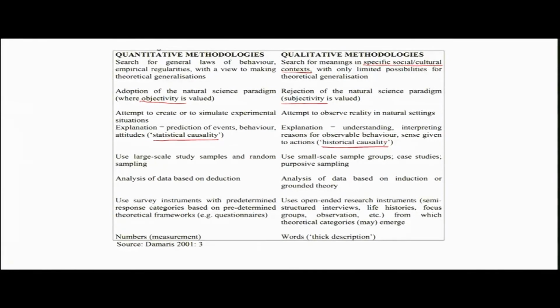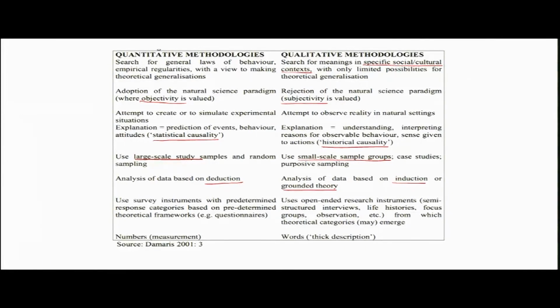Now, given the nature of research that a researcher can do using quantitative methods, it is possible to do large scale studies, but a purely qualitative research would often use small scale sample groups. The basic principle of quantitative methods is rooted in deduction or the deductive method, and qualitative research is based in inductive methods or grounded theory, as we will see in the next lecture.